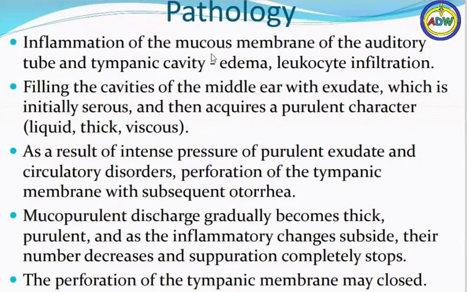It is characterized by edema and infiltration of leukocytes. After that, the cavities of the middle ear fill with exudate, which initially can be serous and then acquires a purulent character.